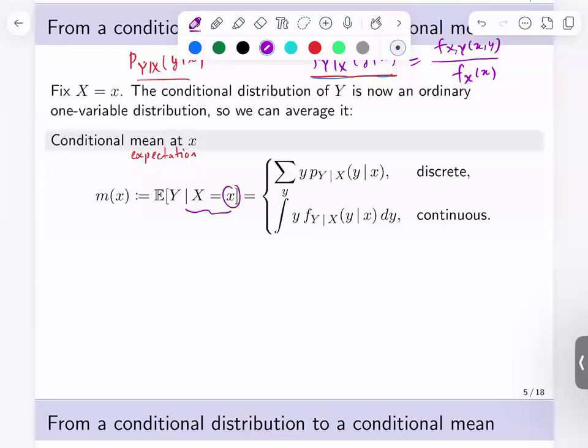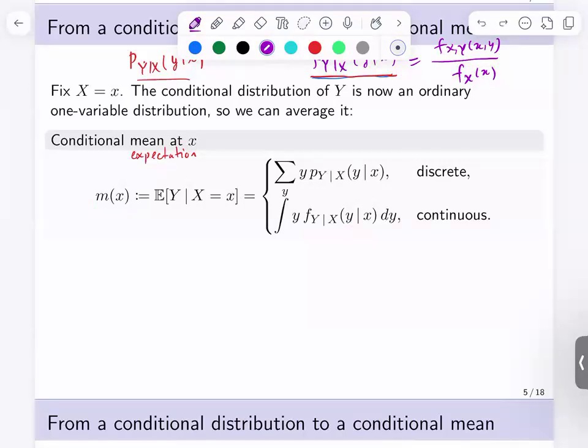Depending on what x is, this conditional density would change, and so the mean is going to be a function of x. It is no longer a function of y, because we are integrating over y. We are basically averaging over y. So this is an average value for y, but it's a function of x.